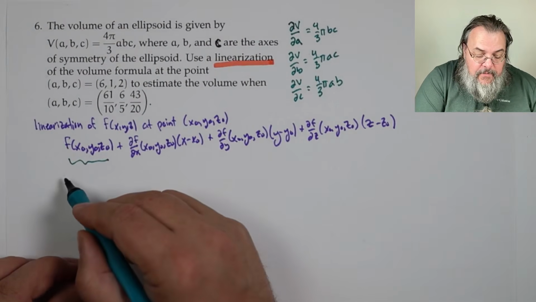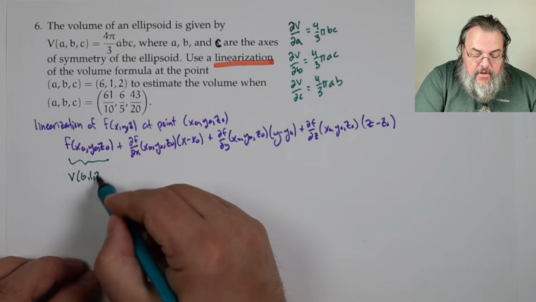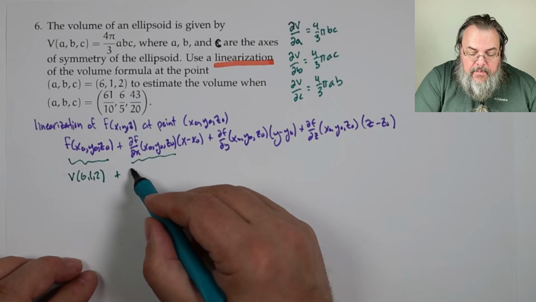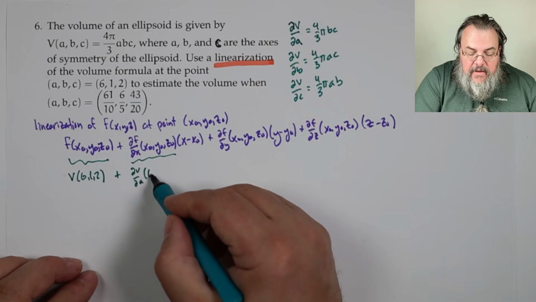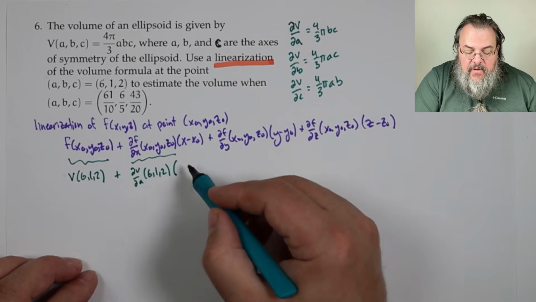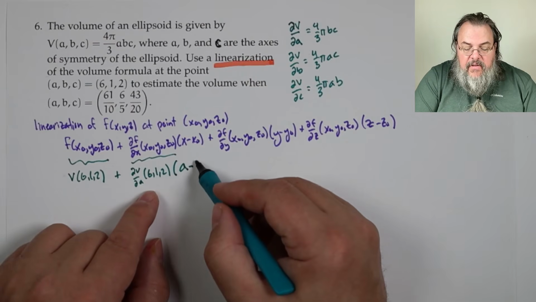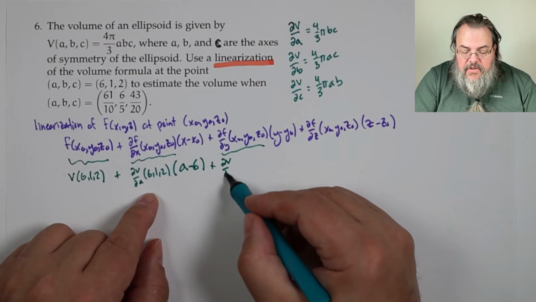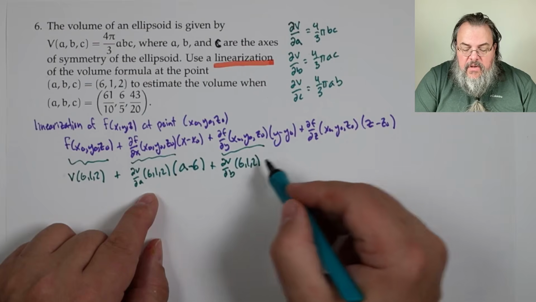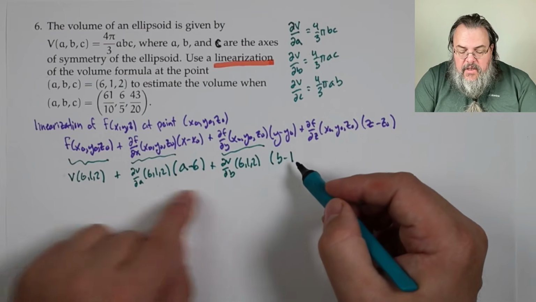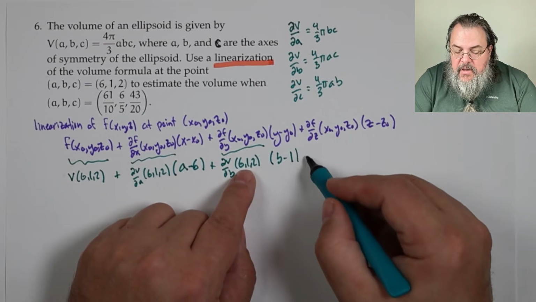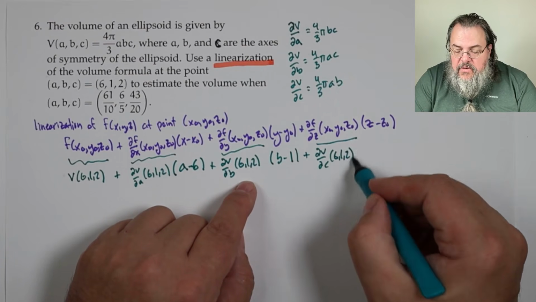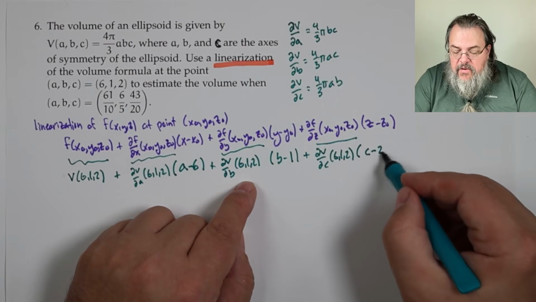So this would be our volume at 6, 1, 2, plus partial V partial A at 6, 1, 2 times A minus 6, plus partial V partial B at 6, 1, 2 times B minus 1, right, because B is 1, plus, in our last piece, partial V partial C at 6, 1, 2 times C minus 2.